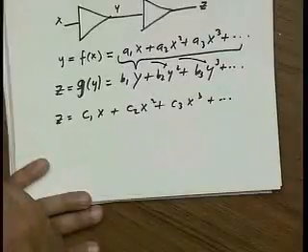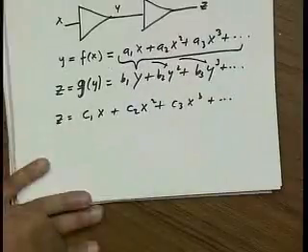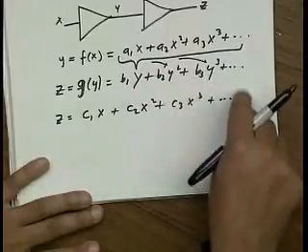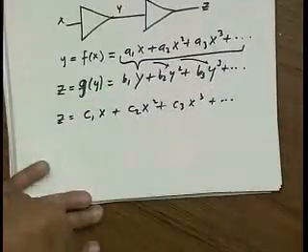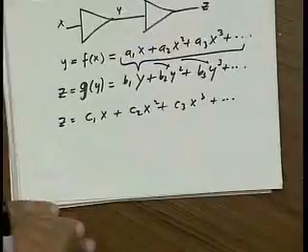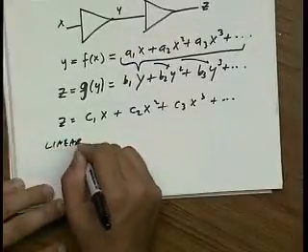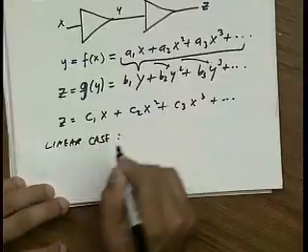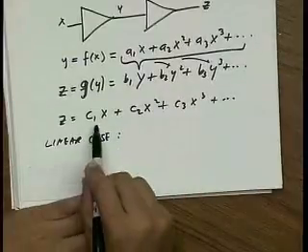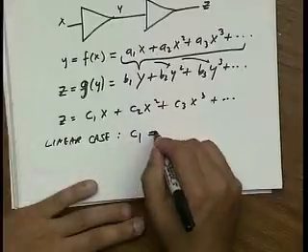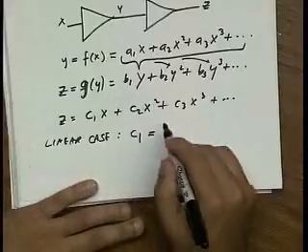Okay? And again, I can use the same trick as solving. I can basically equate this to this and solve for like terms. Okay? So let me do that. Let me do the linear case. So for the linear case, I have C1 on one side. On the other hand, up here I have B1 times A1.